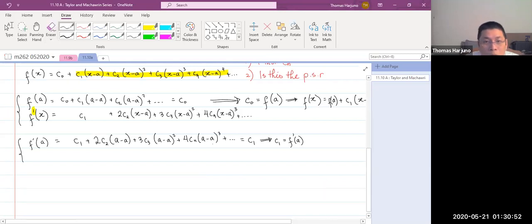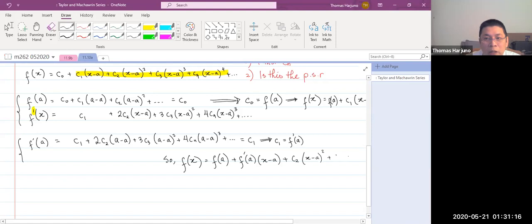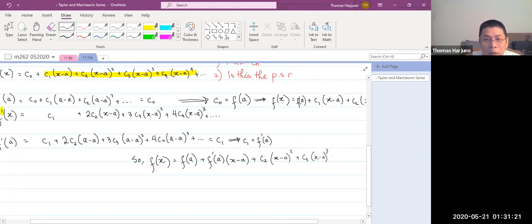So my f(x) now being updated to c0, which is f(a), plus c1, which is f prime a times (x minus a), plus c2 (x minus a) squared, plus c3 (x minus a) cubed, plus c4 (x minus a) to the 4th, and on.